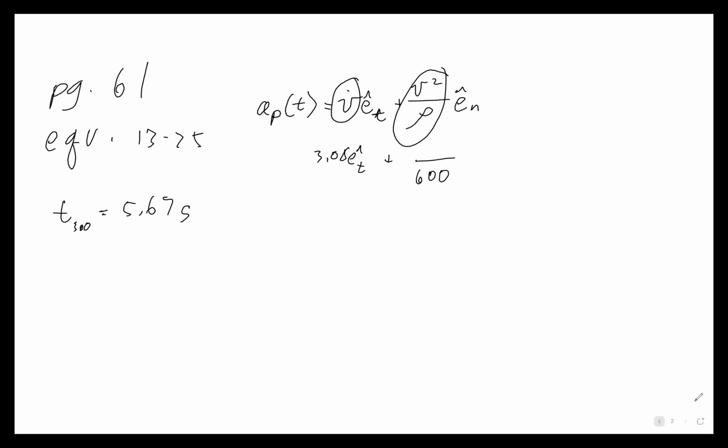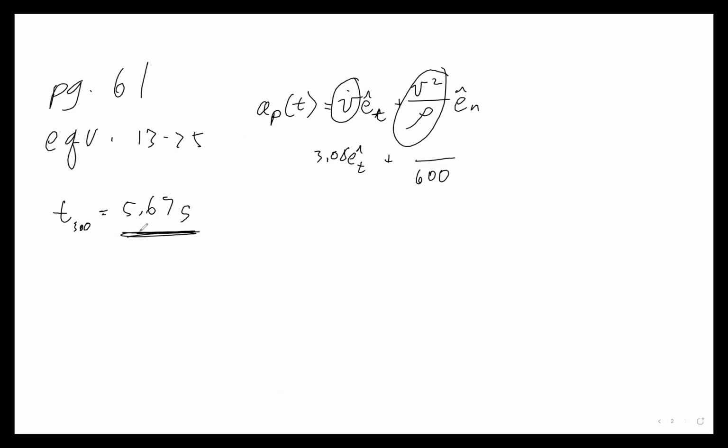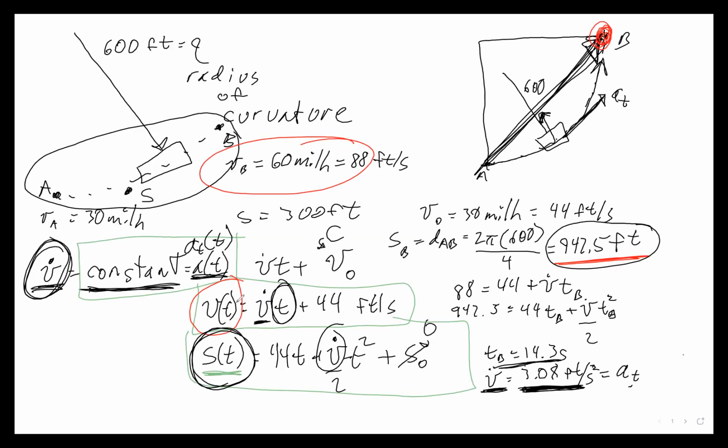Now if we know when we are at 300 feet, 5.67 seconds, then we can find the velocity at the time that we are at 300 feet.